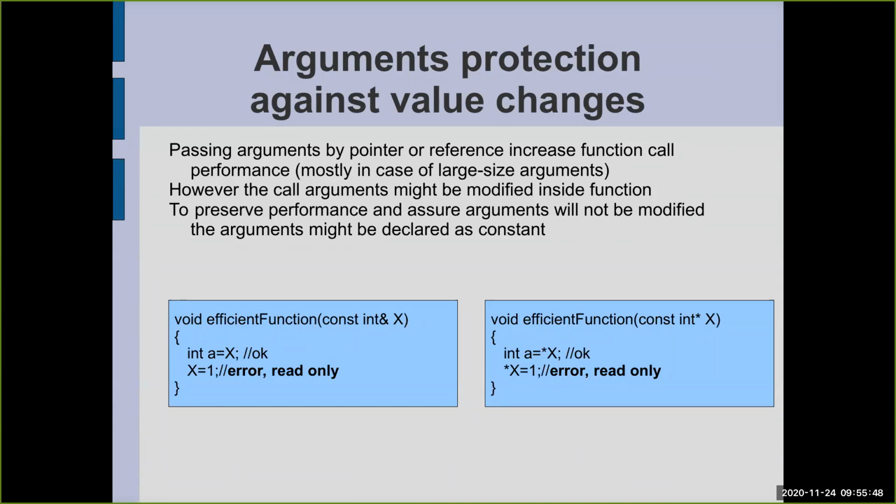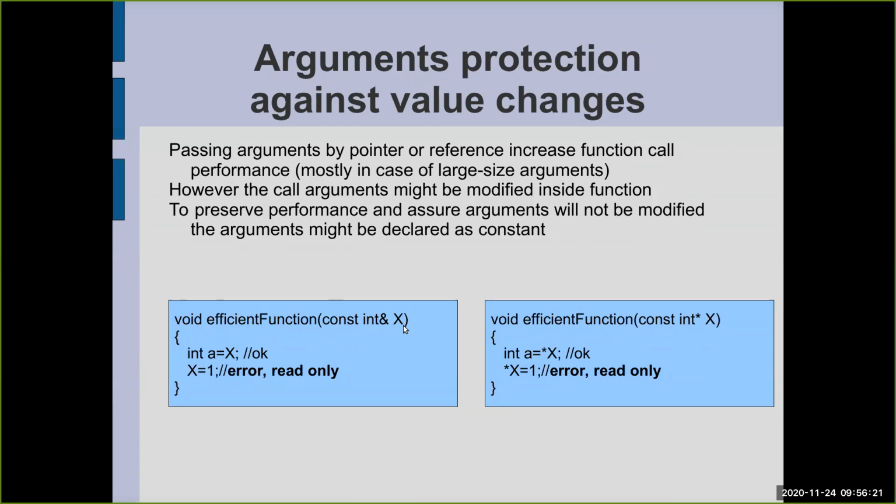So in this case, the argument is passed by reference, so it's faster than passing by value, but it is protected against writing, so I can't modify it. Okay, if I want to do it, I can do it, but let's assume that it is impossible.